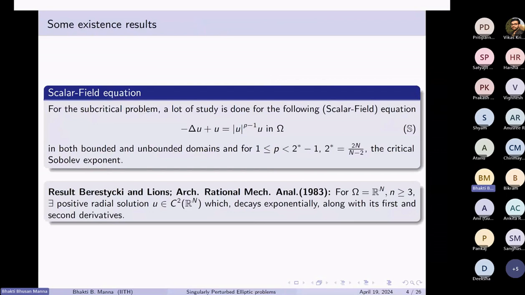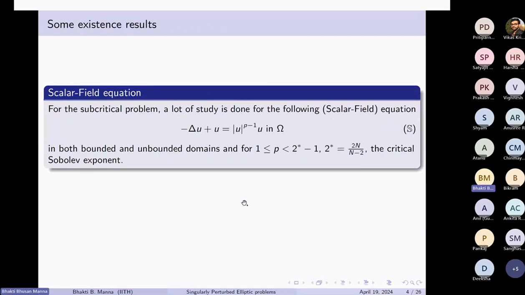What they found is the positive radial solution when omega is basically the entire R^n. They studied this equation. They found the existence of a positive radial solution, and not only that, they also found the asymptotics, what happens to the solution when |x| goes to infinity. So maybe we don't have the explicit solution in terms of a functional form, but we have one solution whose asymptotic is known, and this is very important.